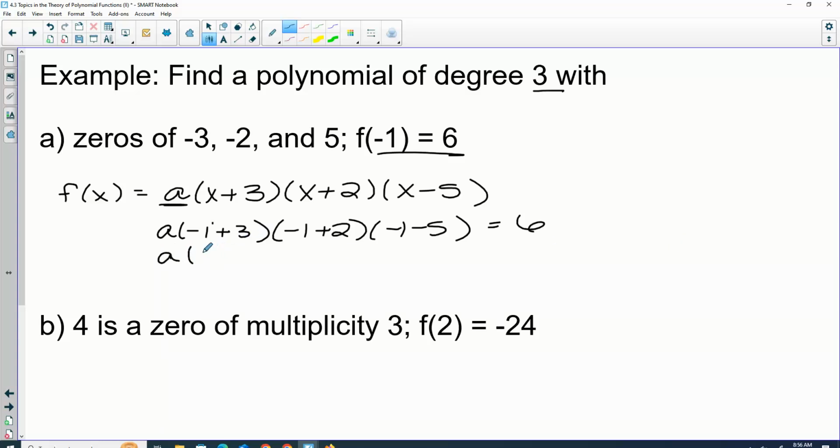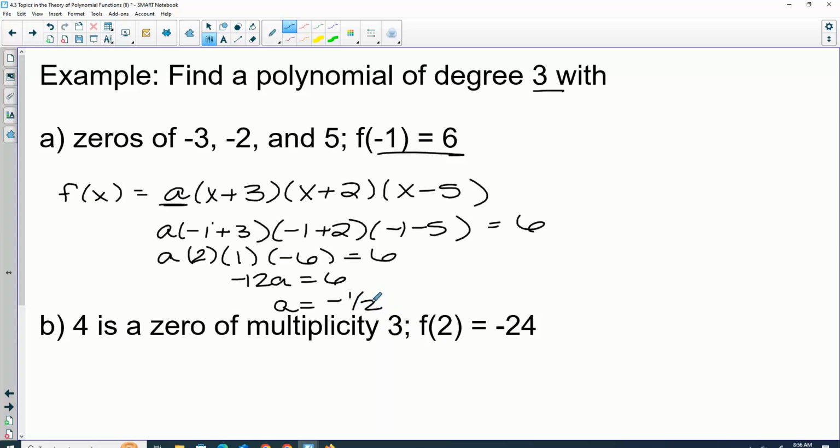Negative 1 plus 3 is 2. Negative 1 plus 2 is 1. Negative 1 minus 5 is negative 6. If I multiply that all together, negative 12a equals 6. Divided by negative 12, so my a is negative 1/2.